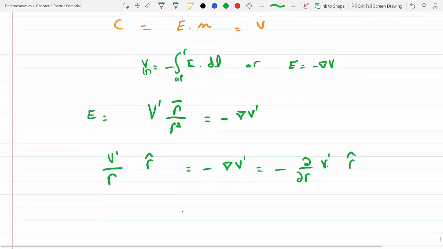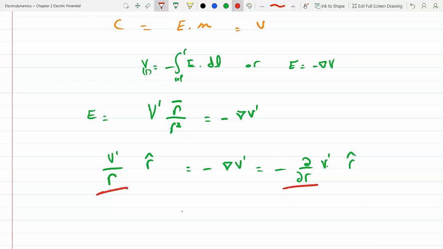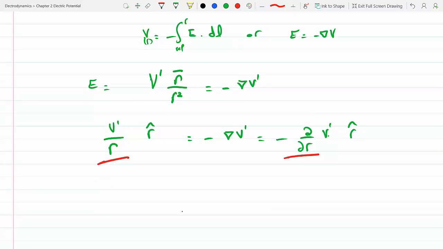Okay. So that means this has to equal this. So V prime over r has to equal minus d over dr of V prime.